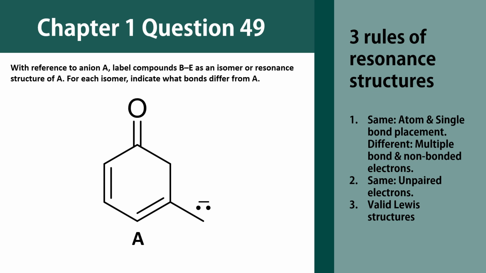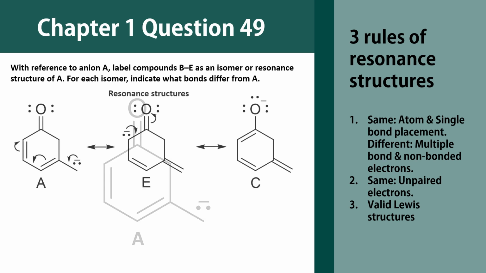Make sure the resonance structure abides by 3 rules. One, same atom and single bond placement, and different in multiple bonds and non-bonded electrons. Second, same unpaired electrons, and third, valid Lewis structures.